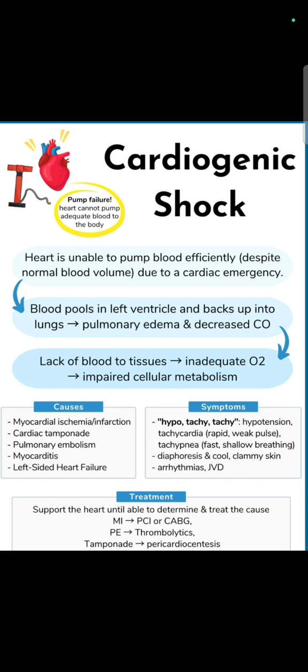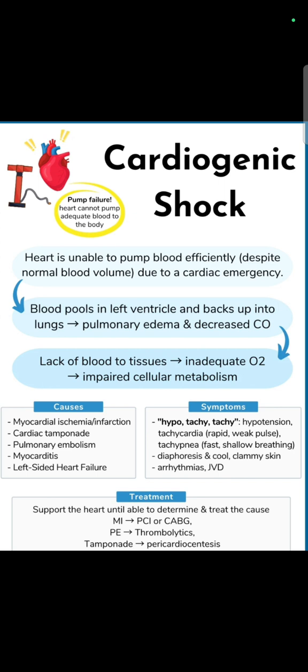That means when the heart is not able to pump the complete blood out, this blood gets pooled in the heart and is pushed back.